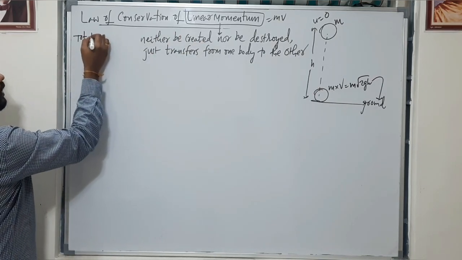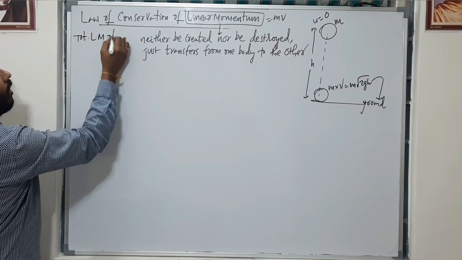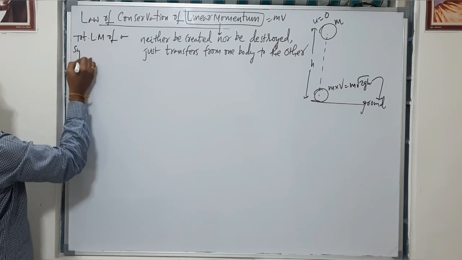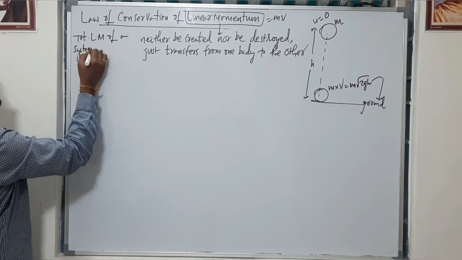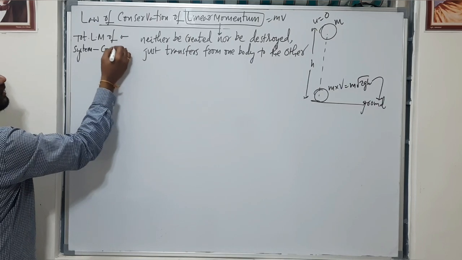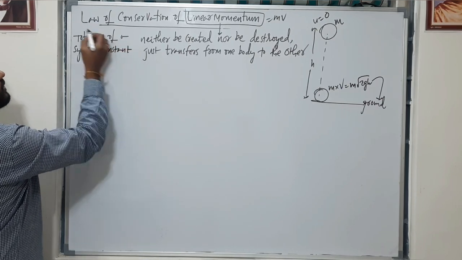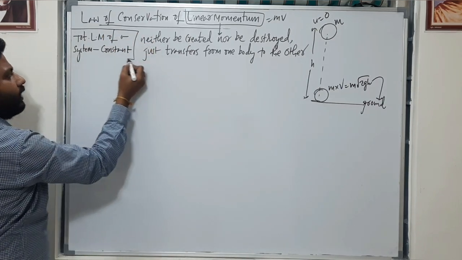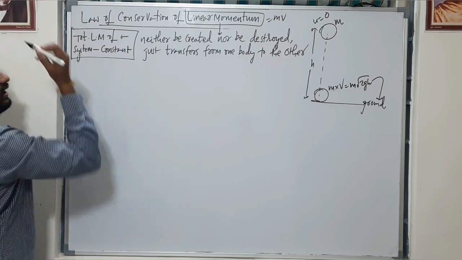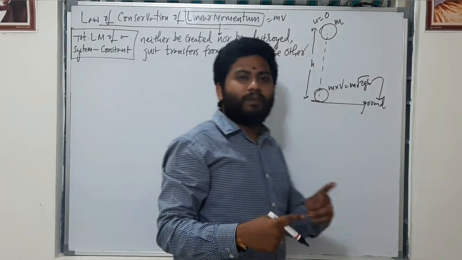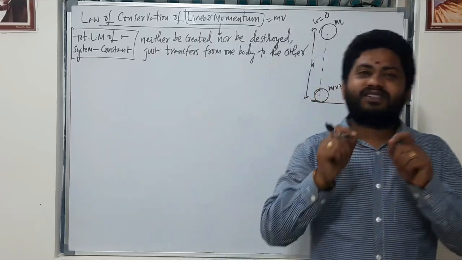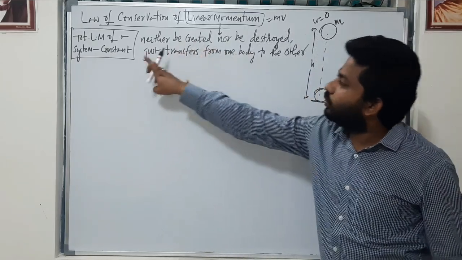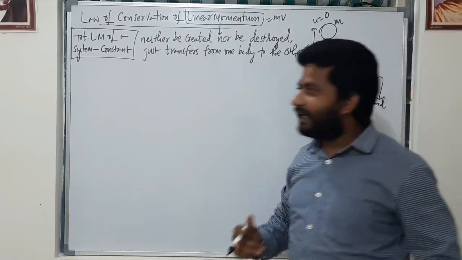Total linear momentum of a system is constant. So that's the simple meaning of law of conservation of linear momentum. Total linear momentum of a system remains constant. So these two definitions together I can write.